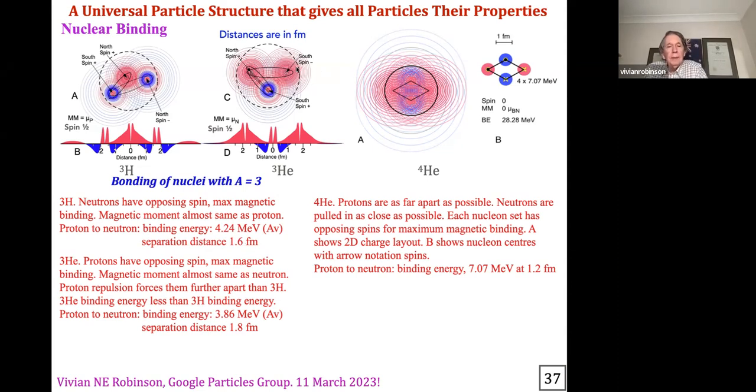We now go to 3He. The two protons have different spins so that they can get some magnetic binding to each other. One of them is bound to the neutron, one of them will have some magnetic binding, the other one won't. The protons will try to push each other as far apart as possible, and that's why the distances are a bit further apart, and they have a slightly weaker binding energy per proton-neutron bond.